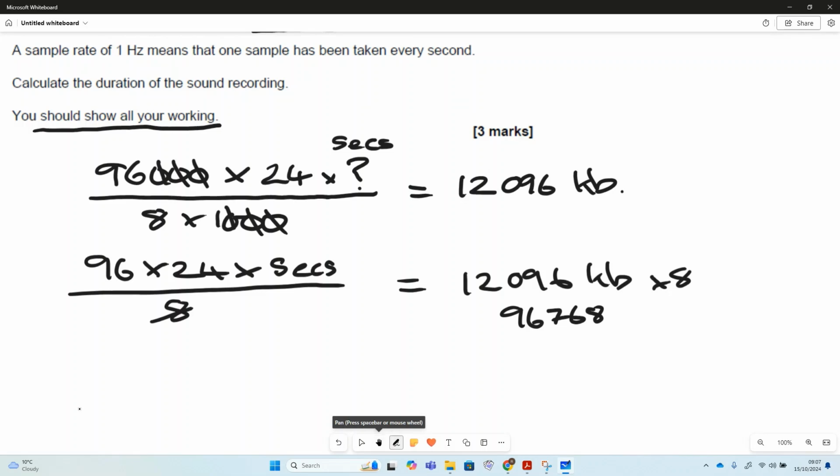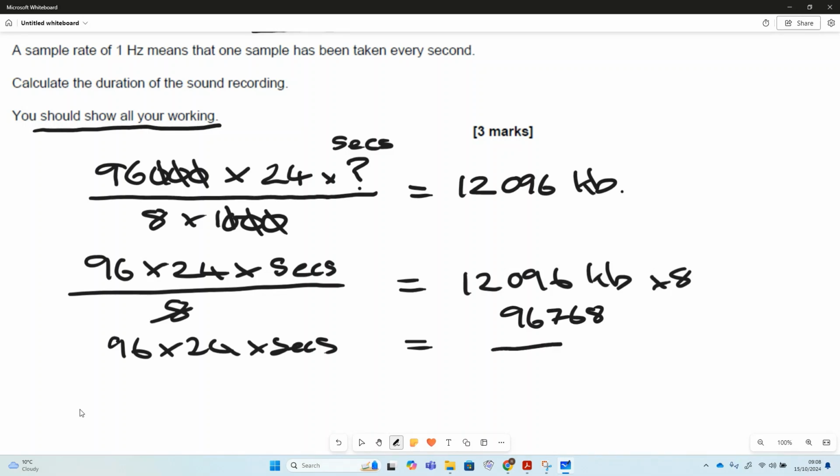So now we've got 96 times 24 times seconds is equal to 96,768.